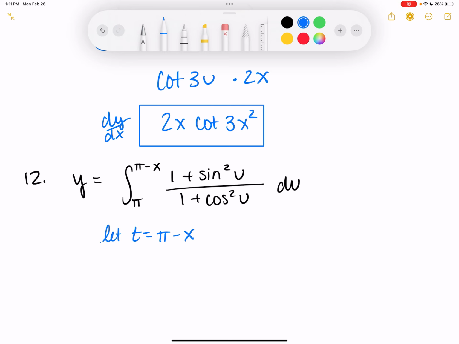I'm suspicious it's supposed to be pi plus x, but the problem has minus, so we're just going to go with it as if it is. The book has a typo. It happens a lot. Anyways, okay, so now what?